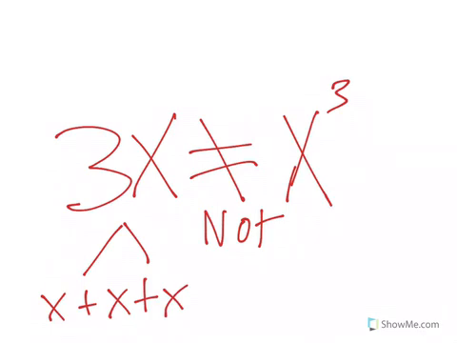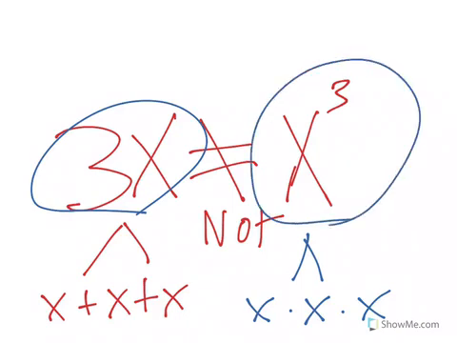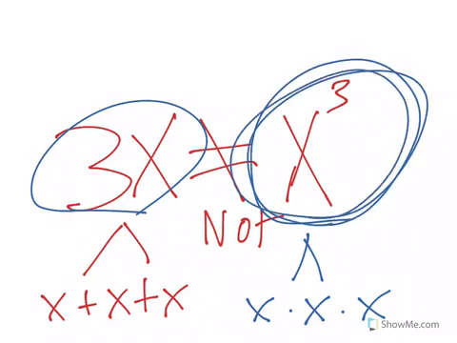If you're looking at x to the power of 3, you're really looking at x times x times x. So they're not the same thing. It's not the same as using a variable in a multiplication problem, or a repeated addition problem. It is multiplying over and over again that we're looking at.